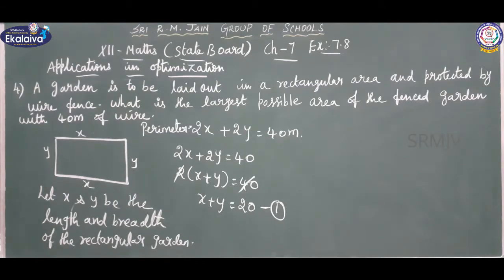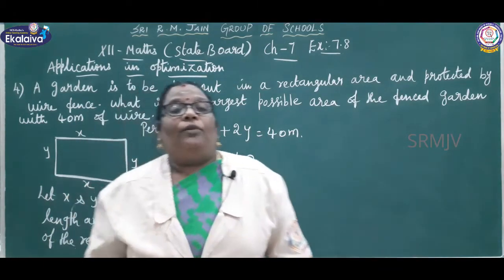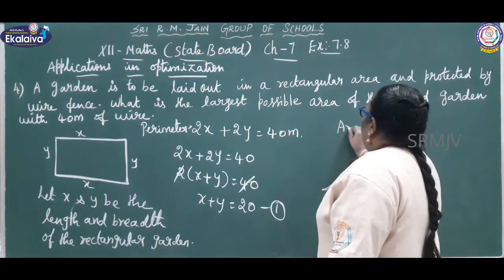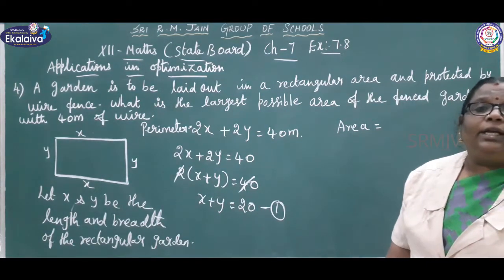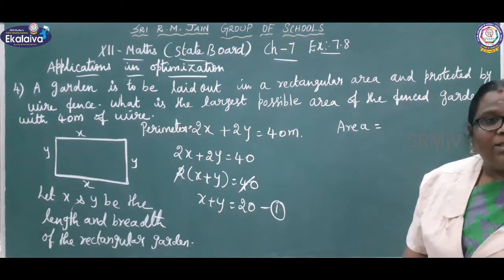Then we should find out what? Area is maximum. What is the area of the rectangular garden? Area of the rectangular garden is length into breadth. Length we kept as x and breadth is y.